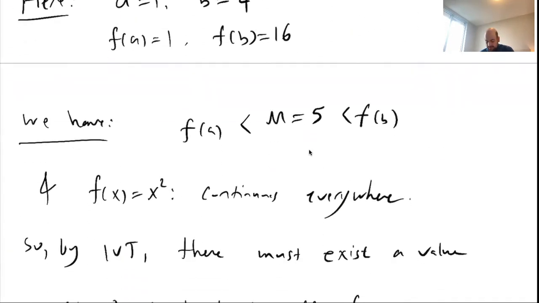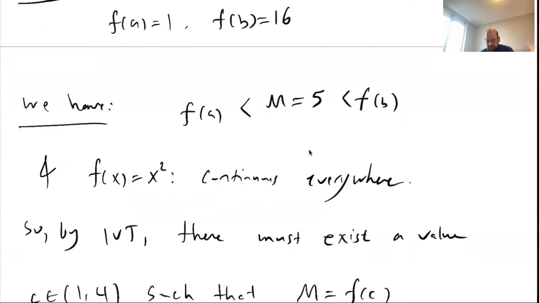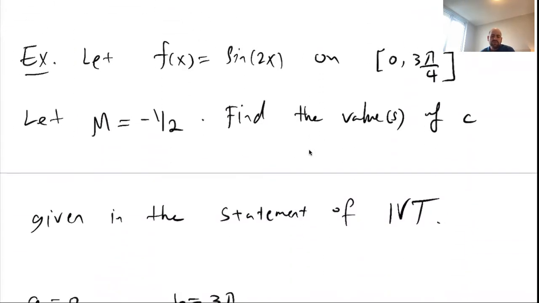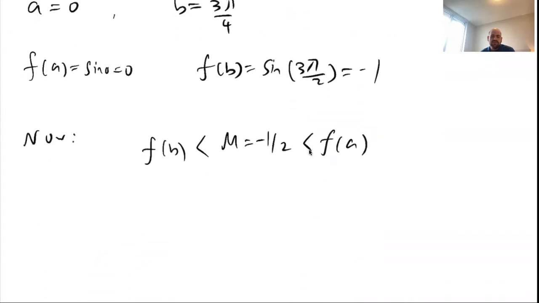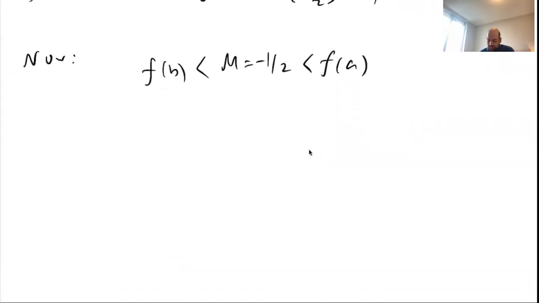But in the previous example, m was bigger than f of a, less than f of b. So in any case, I can say m is between f of a and f of b, right? That's why I use this sentence rather than saying m is bigger than f of a, less than f of b, because it's possible that f of b is the smaller value and therefore m will be bigger than f of b, less than f of a. So m is between f of a and f of b.